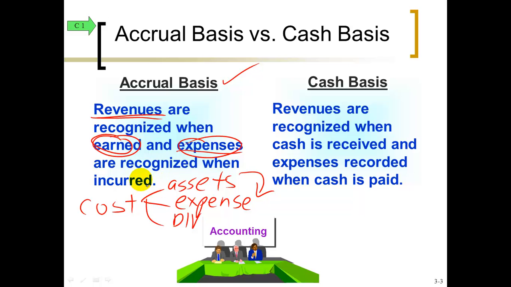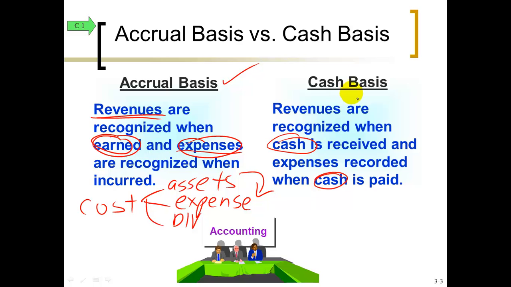Now another method of accounting that is very common in terms of use, because you probably use this, is called cash basis. So you report your income, revenue, when you collect the cash, and you report expenses or deductions when you pay out the cash.